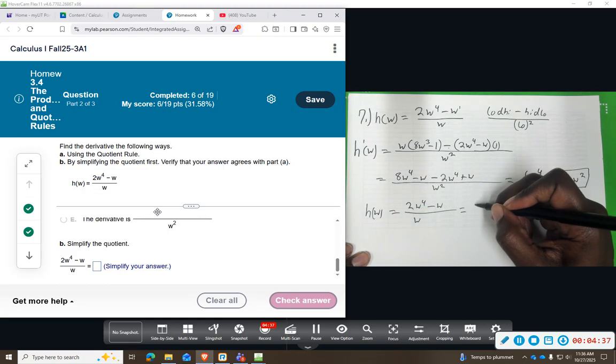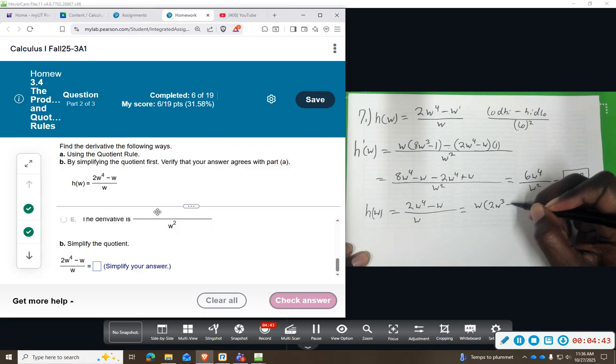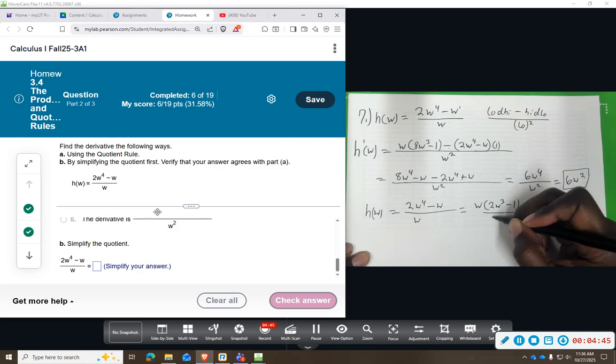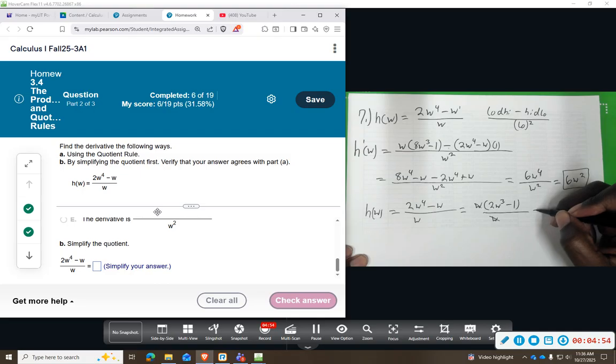Either way is fine. We're going to factor out the w. So the w will divide out, and then this is your simplified expression, and we're going to find the derivative of that.